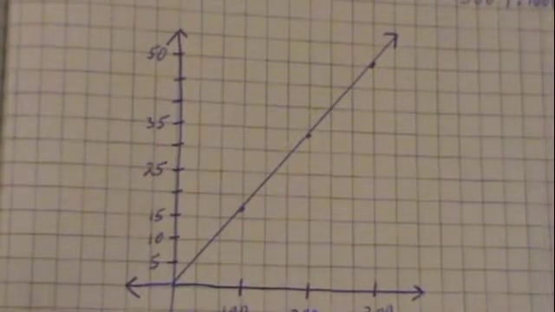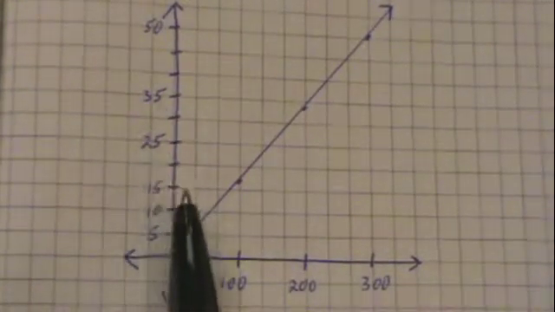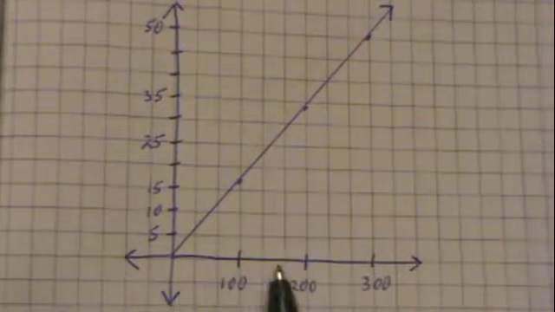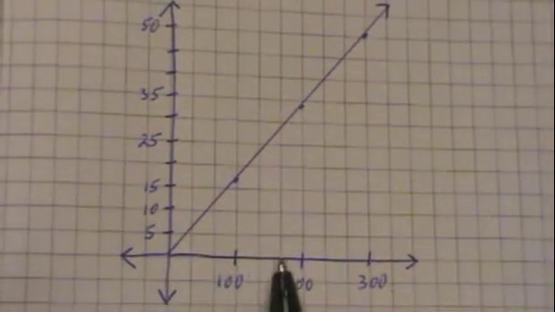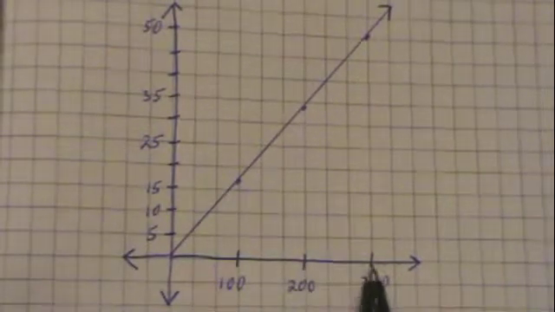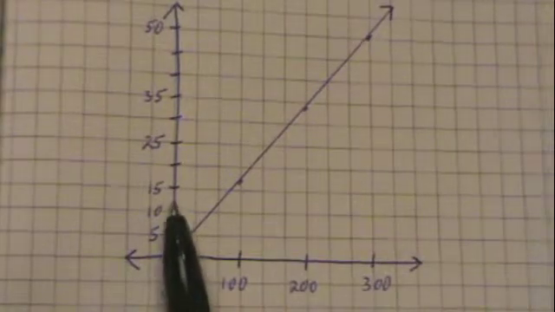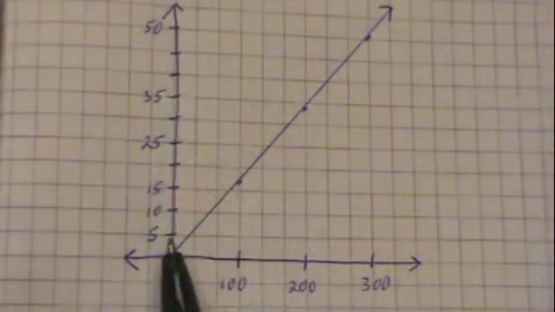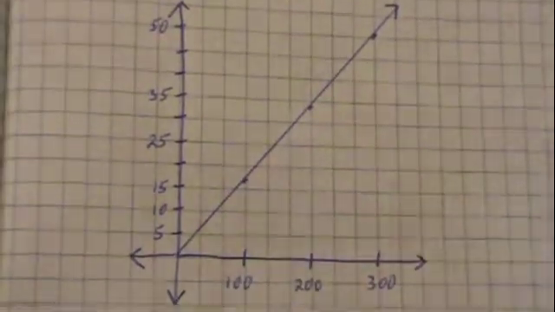Remember, you can use different scales on the different axes of your graph. On the x-axis, every 3 boxes I went up 100 pounds. On the y-axis, every box I went up 5 pounds. As long as whatever you do, you do all the way up or across the axis. That's fine. There's my beautiful graph.